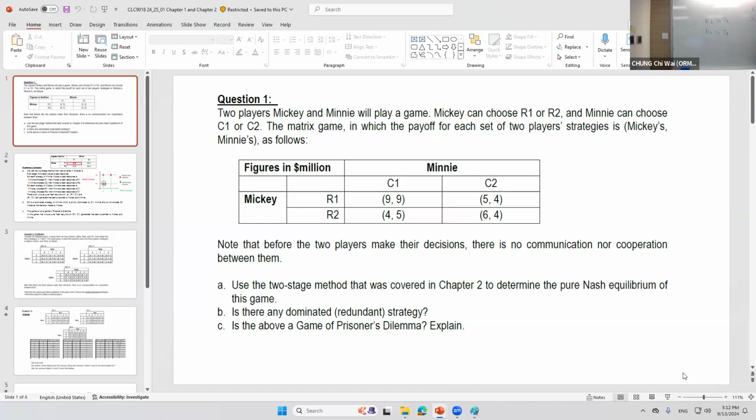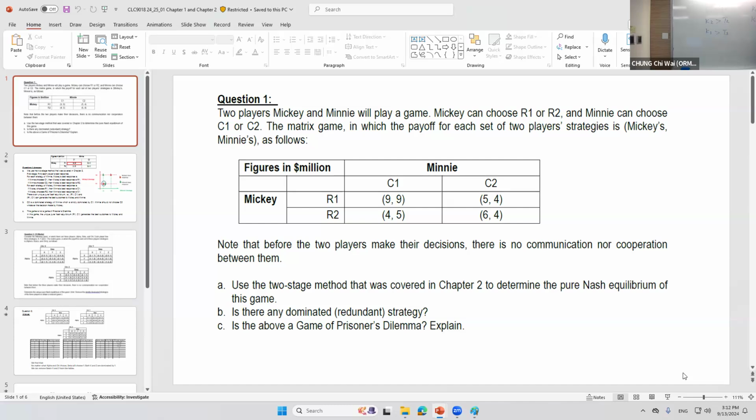If Mickey chooses R2 and Minnie chooses C1, Mickey gets 4 million and Minnie gets 5 million. If Mickey chooses R2 and Minnie chooses C2, then Mickey obtains 6 million and Minnie gets 4 million.